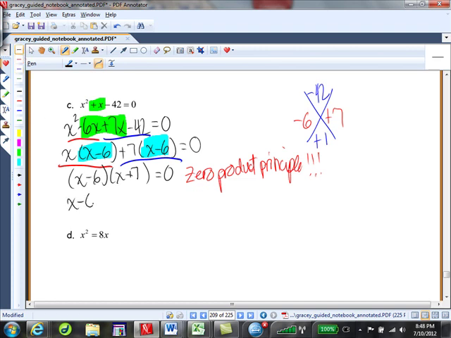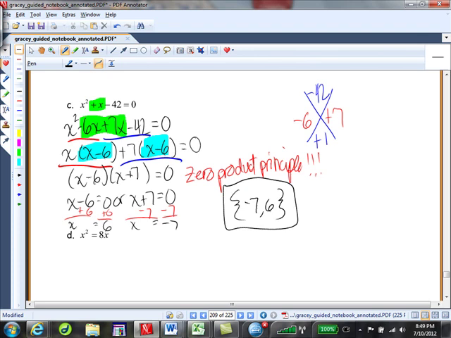I can set each factor equal to 0. And on the first one, I'll get x is equal to 6, or x is equal to negative 7. So in my roster notation, I've got negative 7 comma 6. And those two solutions for x satisfy the equation.